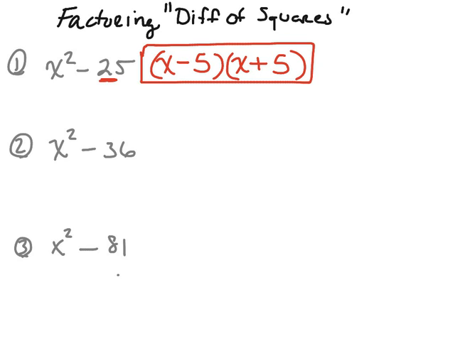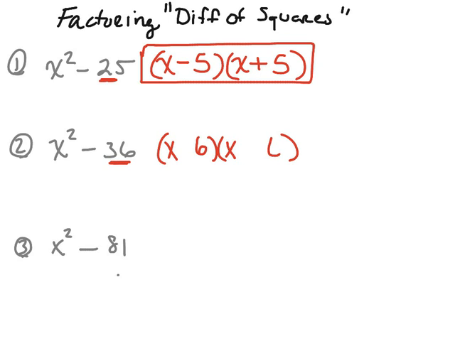Let's try another one. Let's try x squared minus 36. Again, two binomials multiplied together will give me this x squared minus 36. To begin with, in order to get the x squared, we need to multiply an x with another x. X times x is x squared. Now we're going to take the square root of 36, and the square root of that 36 is a 6.